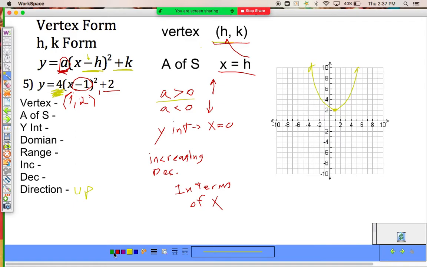All right, my axis of symmetry, my AOS, is a line. It's not a number, it's a line. The equation of that line is going to be x equals some number. Okay, the axis of symmetry is going to be the equation of a line, x equals some number, and it's going to be this line right here that goes through the vertex.